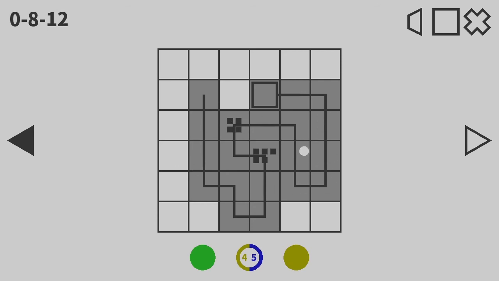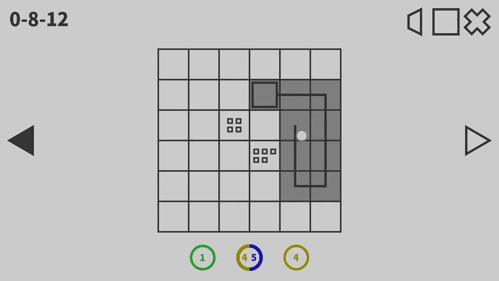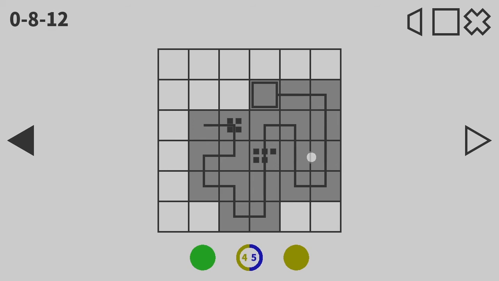What's that? 15? Yeah, this is too many. 15. Yeah, 20. I've done this shape a million times.